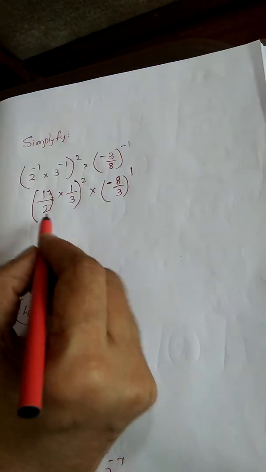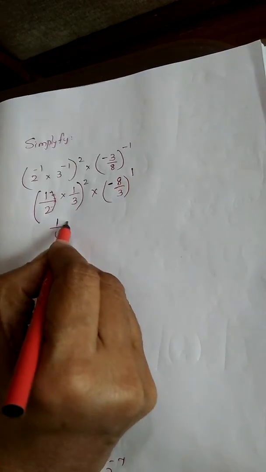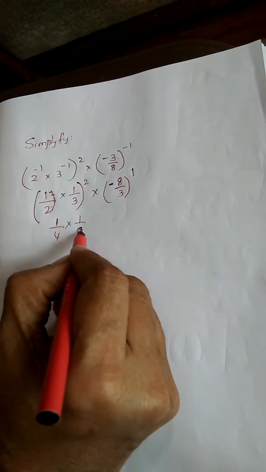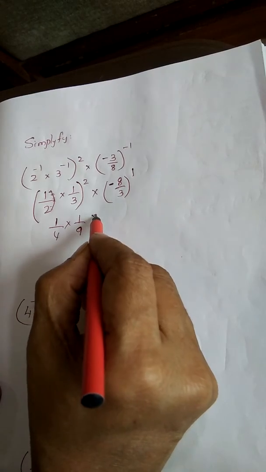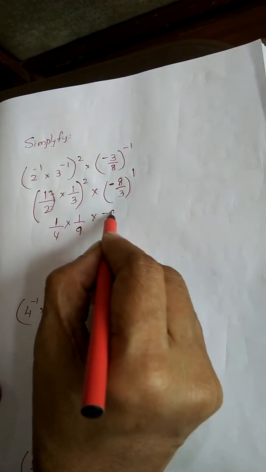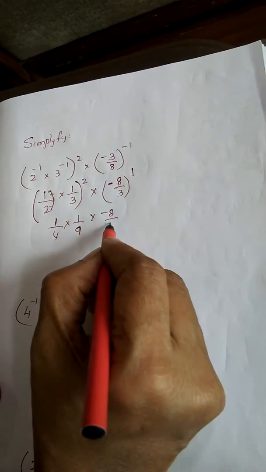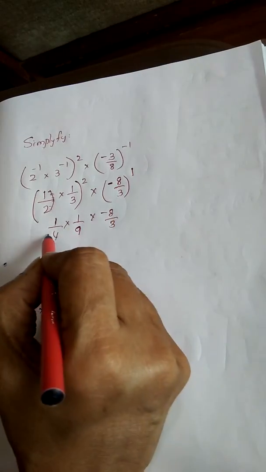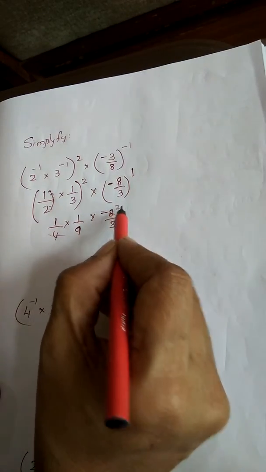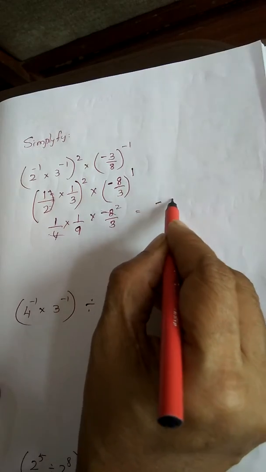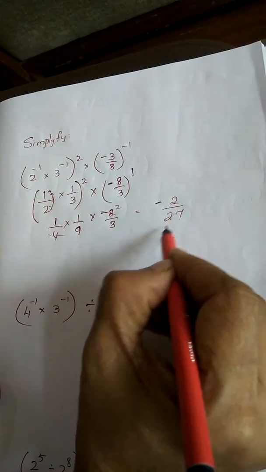So this I can write as 1 by 4 into 1 by 9 into minus 8 by 3. Now this and this will get cut 2 times. So this will be minus 2 by 27.